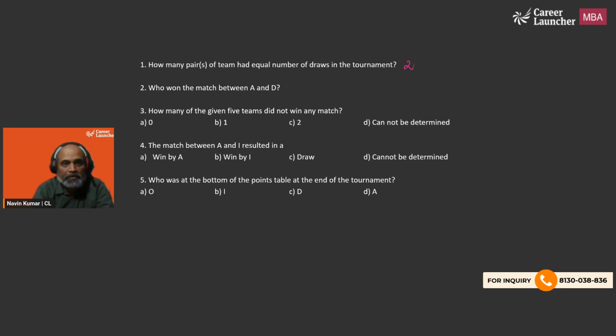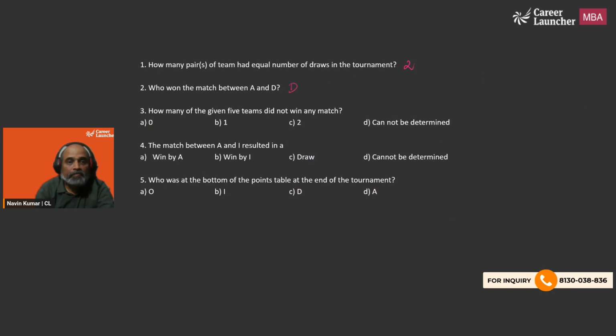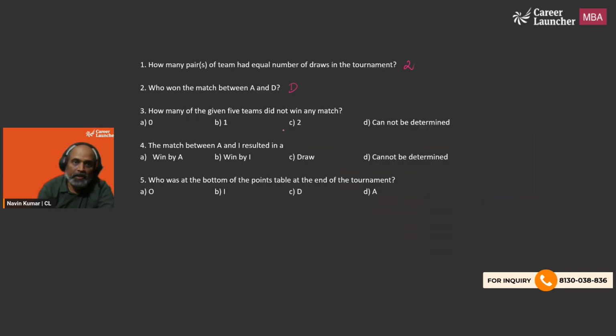Who won the match between A and D? So the match between A and D, we can see that D won. How many of the given five teams did not win any match? So we can see that I did not win any match, and A also did not win any match. So there was no W written beside their name. So there are two teams who did not win any match.